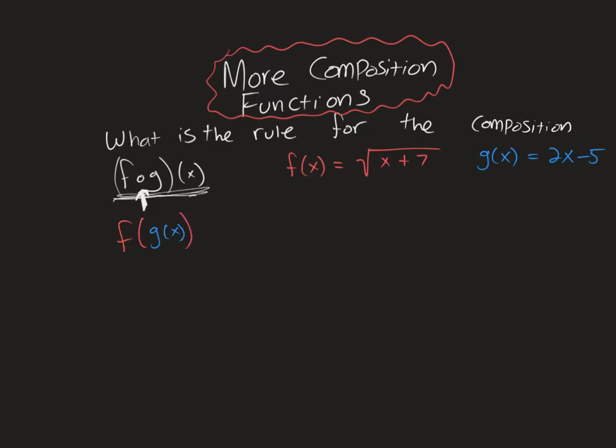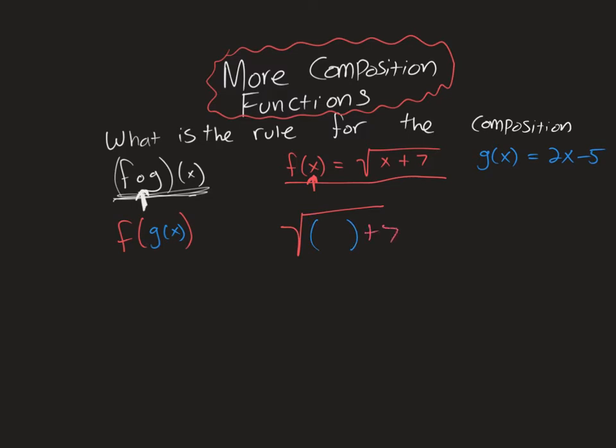So we'll start with, and I like to use the word stuff because I think it feels a little bit less intimidating. If I'm going to start with f, we can see it is the square root of x plus 7, or the square root of stuff plus 7, where the stuff is the thing inside the parentheses.